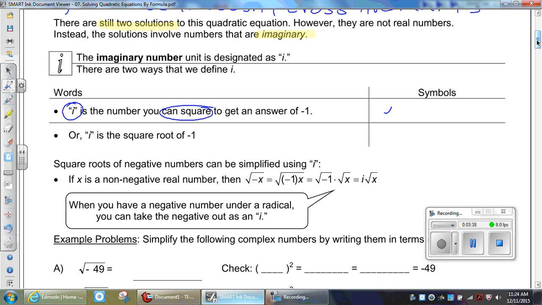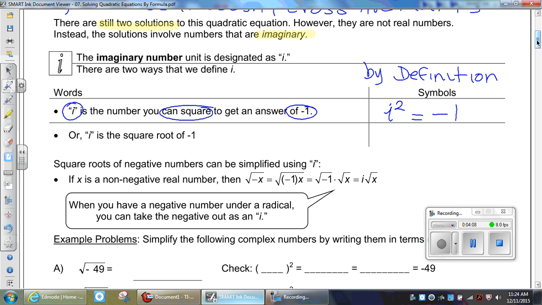If we take i and square it, we get an answer of -1, which is pretty weird, because up to this date we have always known that if you square a number, you get a positive. So this was just defined, and we're going to use it by definition. I know it might not make a lot of sense to you, but that is how we're going to use it. So i squared is -1.